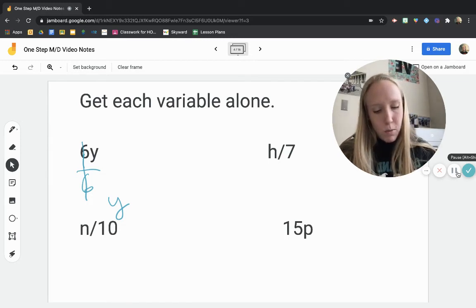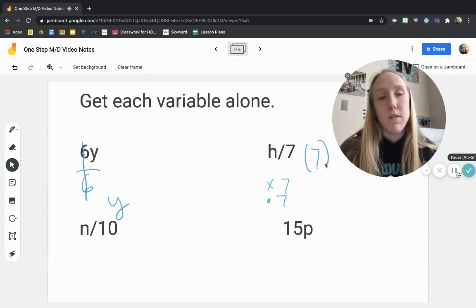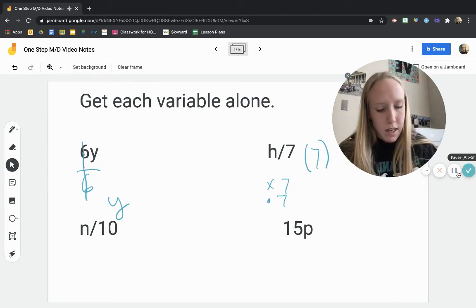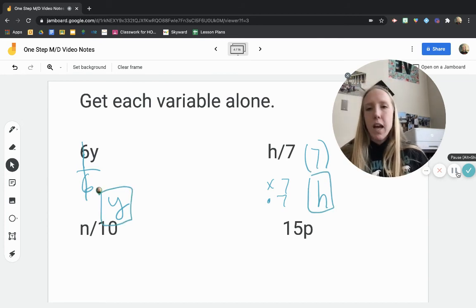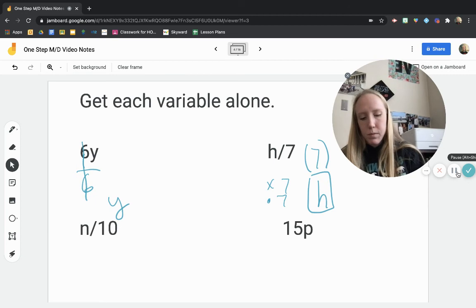You can show it as times 7, or you can write times 7 right next to it, and that will get rid of the division because you're multiplying. Okay, and that leaves just h by itself. Okay, next one.